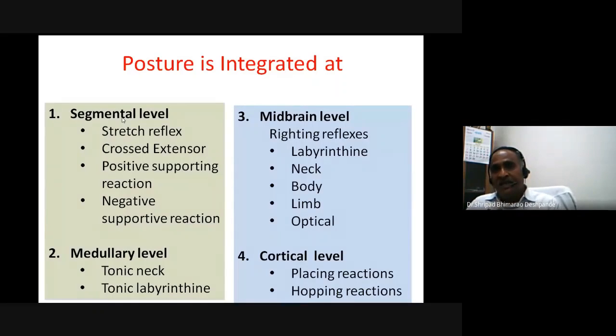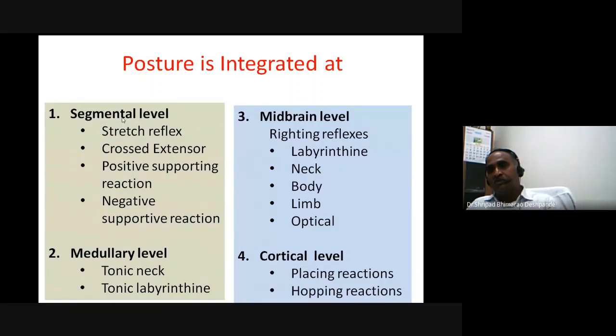The segmental level includes the stretch reflex, crossed extensor reflex, positive supporting reaction, that is a magnet reaction, and negative supporting reaction, that is giving away. In the positive supporting reaction, a touch of the sole or the palm suddenly makes the extensors become erect.